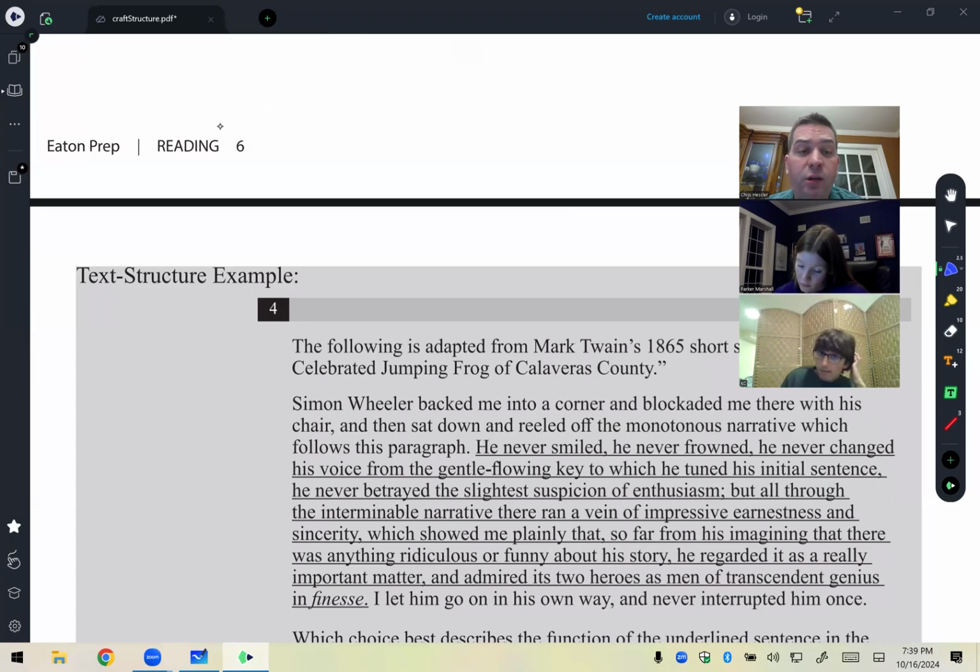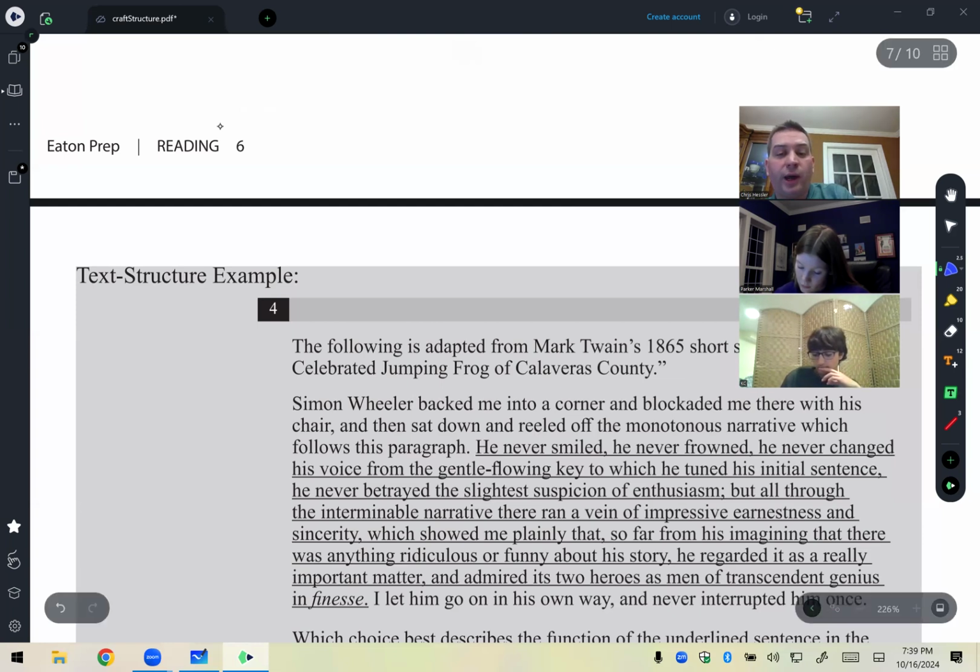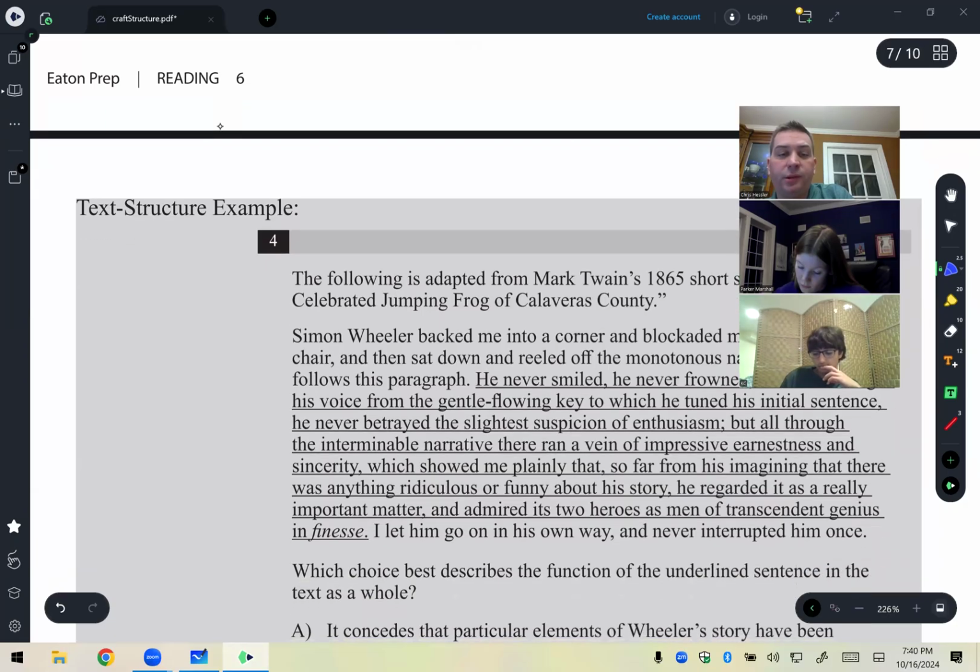But all through the interminable narrative there ran a vein of impressive earnestness and sincerity, which showed me plainly that, so far from his imagining that there was anything ridiculous or funny about his story, he regarded it as a really important matter, and admired its two heroes as men of transcendent genius in finesse. I let him go on in his own way and never interrupted him once.